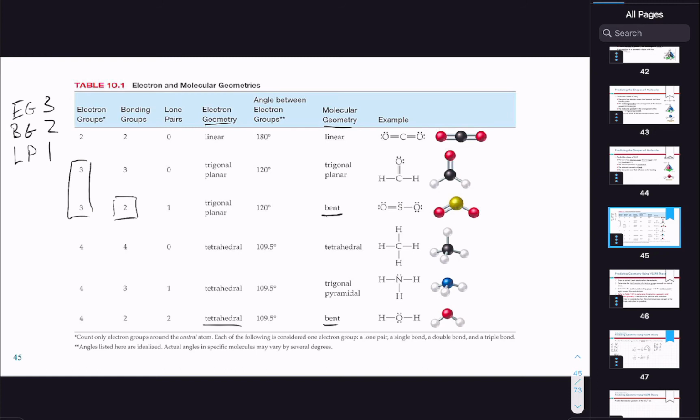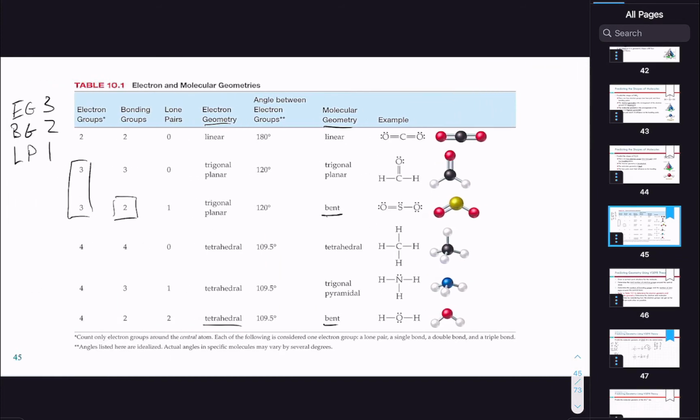Our electron geometry would be trigonal planar. So the electron geometry is only dependent on the number of electron groups. You can see here that if we have 2 electron groups, that's going to be linear electron geometry. 3, those are both trigonal planar. And if we have 4 electron groups, those are all tetrahedral.